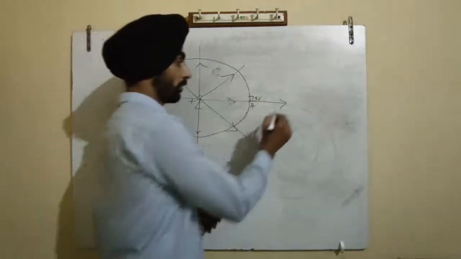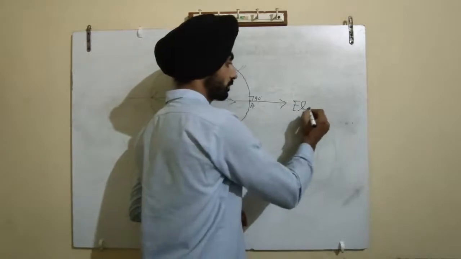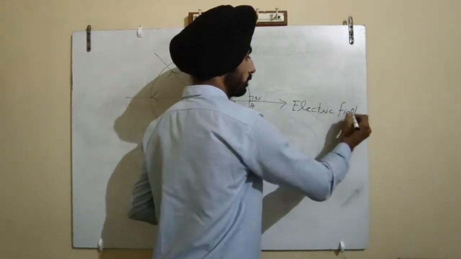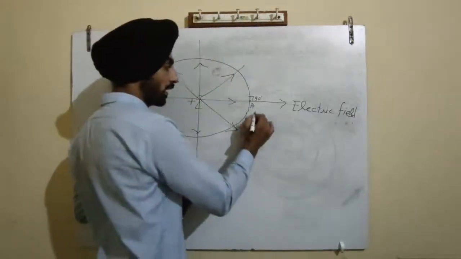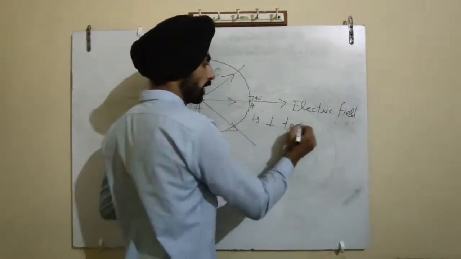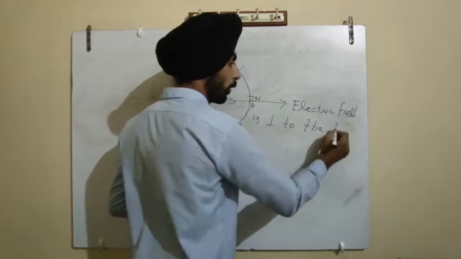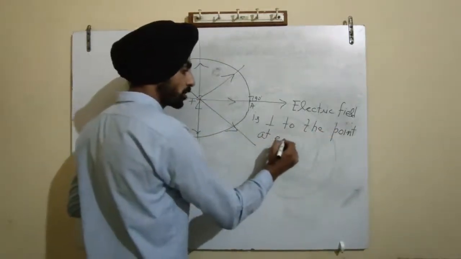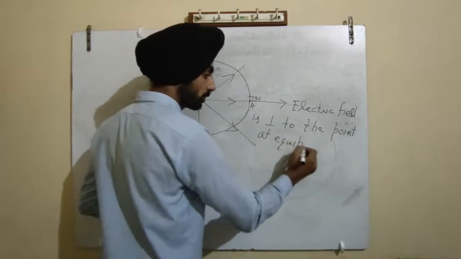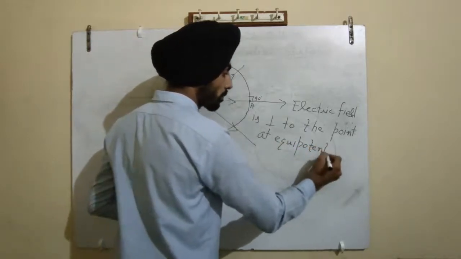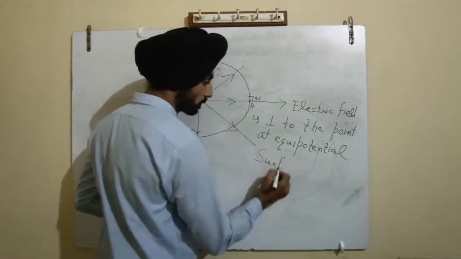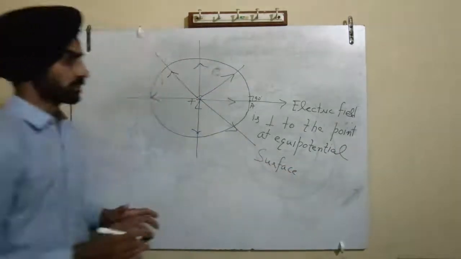The direction of electric field is perpendicular to the equipotential surface at a point.